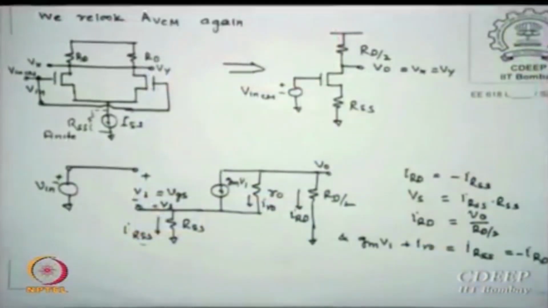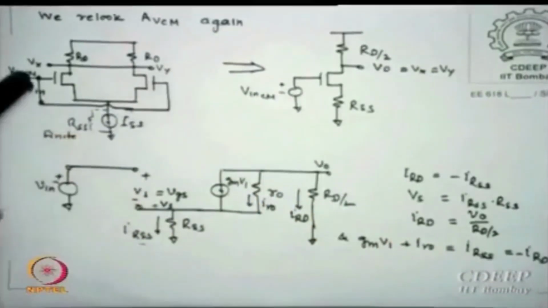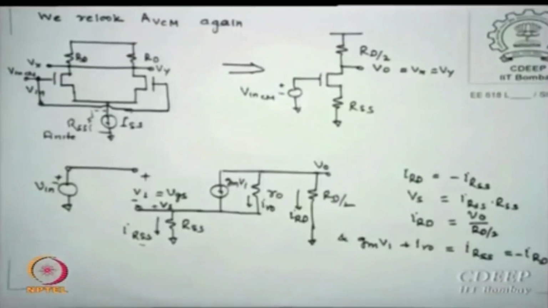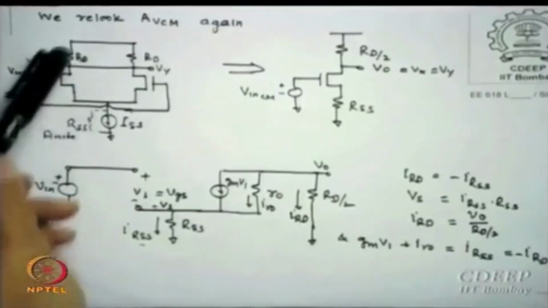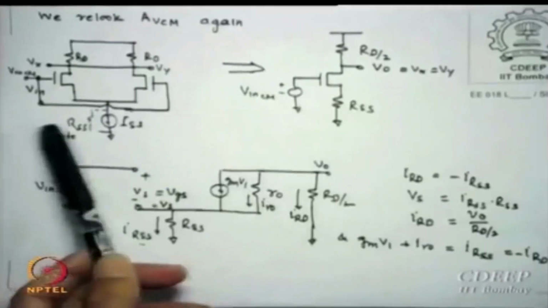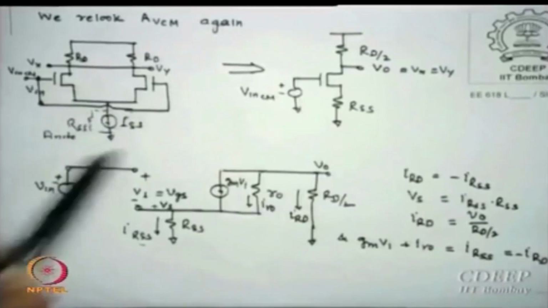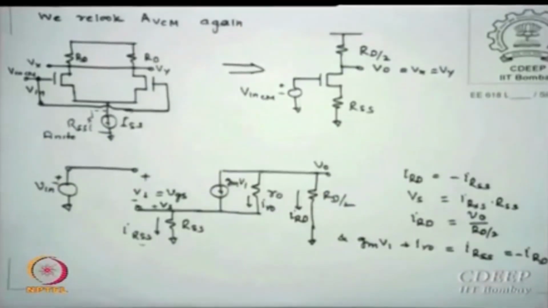Let me look into common mode again. If you say Vx is Vy, I join them, and there is a common mode signal, which is Vin,CM, both sides the same, so that is shown like this, with RDs. Equivalently, let us say this current source is not really an ideal current source, which it never will be; in reality there is nothing called an ideal current source.